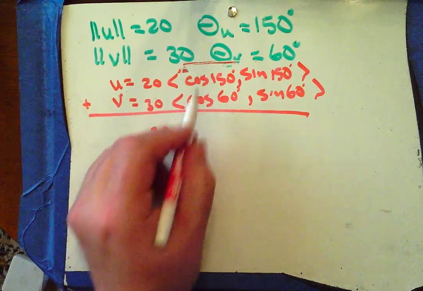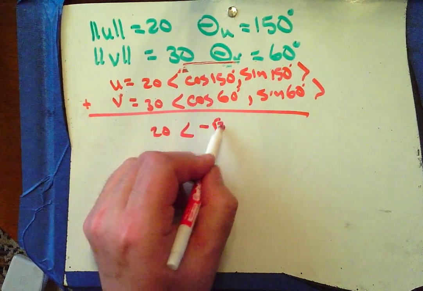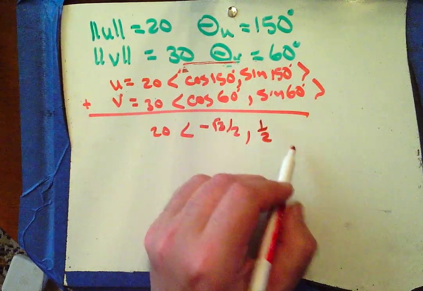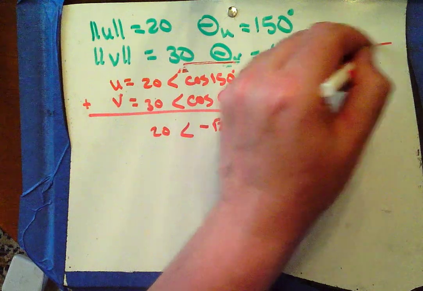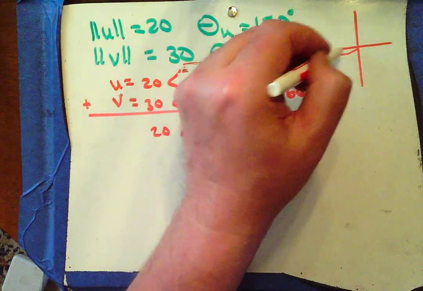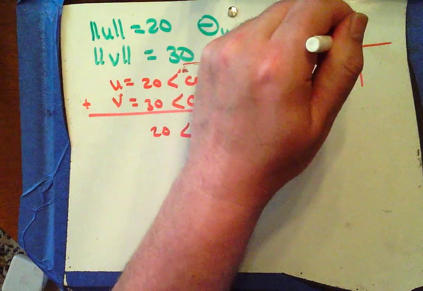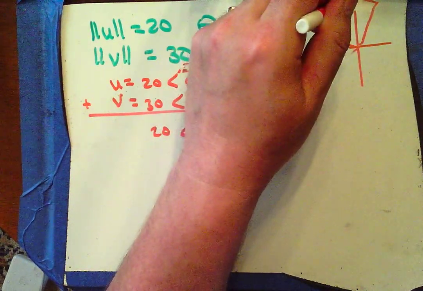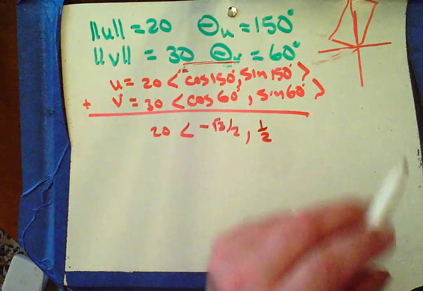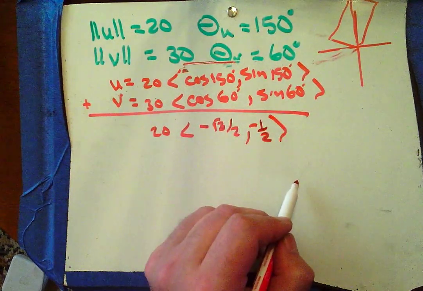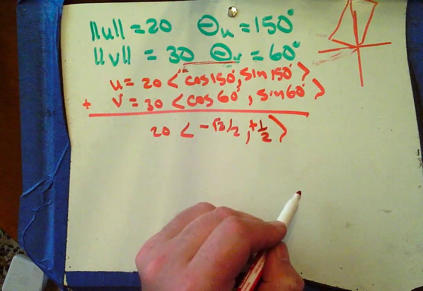So cosine of 150 is negative root 3 over 2. Sine of 150 is 1/2. Ooh, I drew the picture wrong originally. It shouldn't have been down here, it should have been up here. And so we've got that one and that one. I still think I'm going to get an angle bigger than 90. Negative 1? No, positive 1.